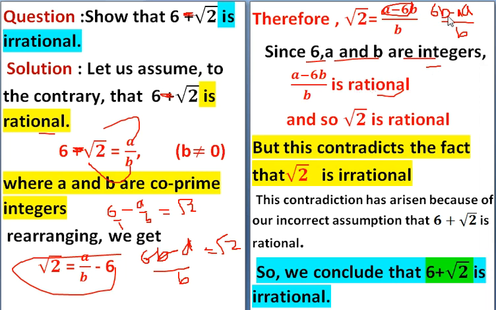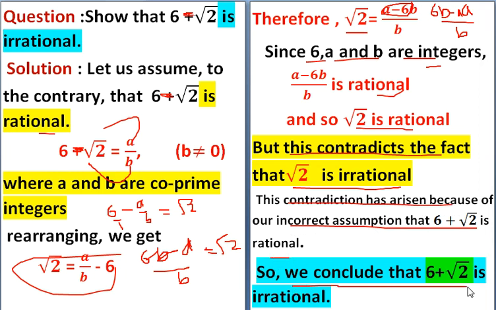If this value 6b minus a by b is rational, then it is equal to root 2, hence root 2 will be rational, and this contradicts the fact, because you know that root 2 is irrational. This contradiction has arisen because of our incorrect assumption that 6 plus root 2 is rational. So we conclude that 6 plus root 2 is irrational.